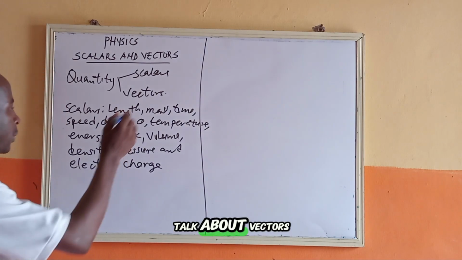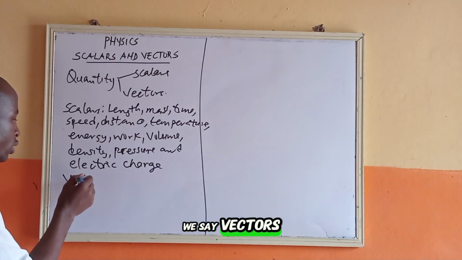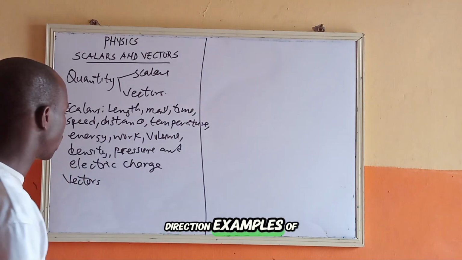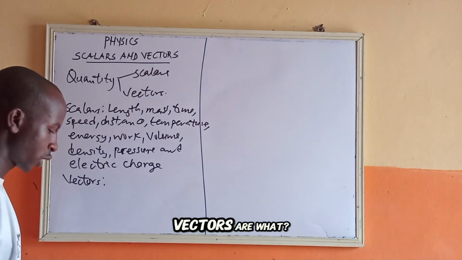So when I talk about vectors, we say vectors are quantities that have both magnitude and what? Direction. Examples of vectors are what?